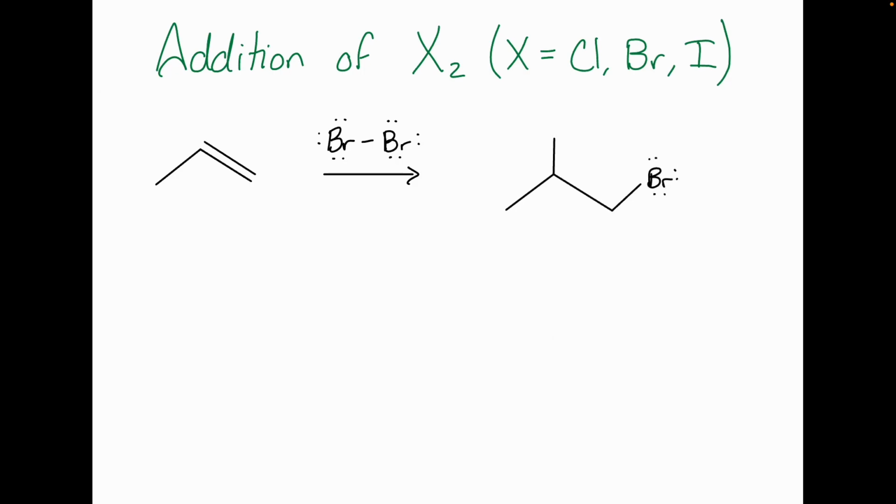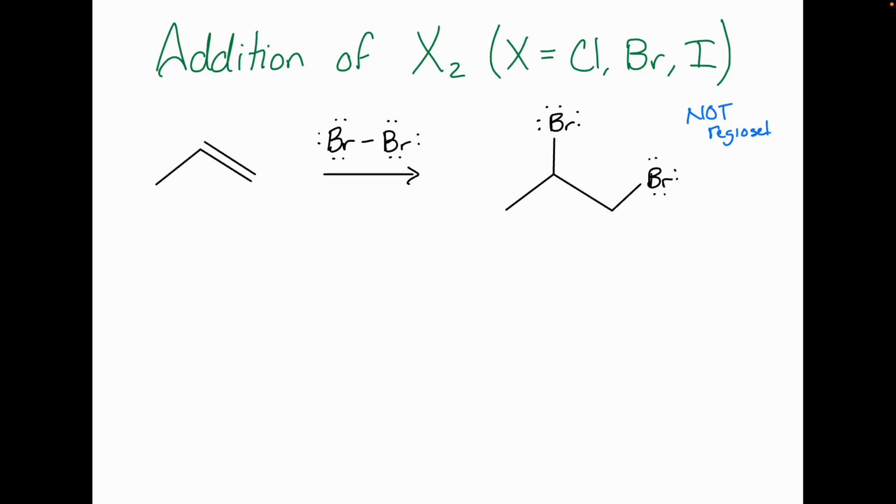Notice that because we're talking about this diatomic halogen, I'm adding the same thing to both carbons, right? I'm adding a bromine to one side and a bromine to another side.